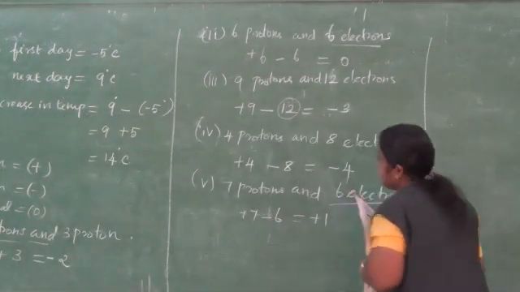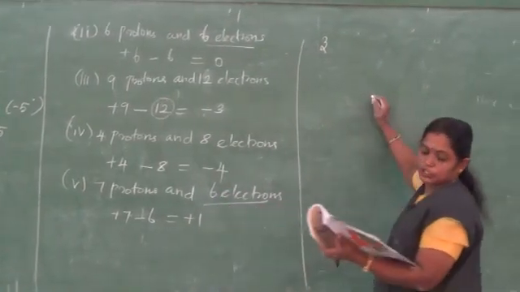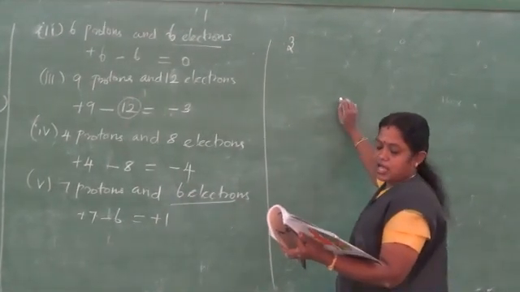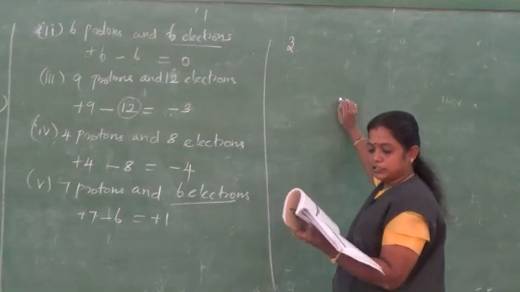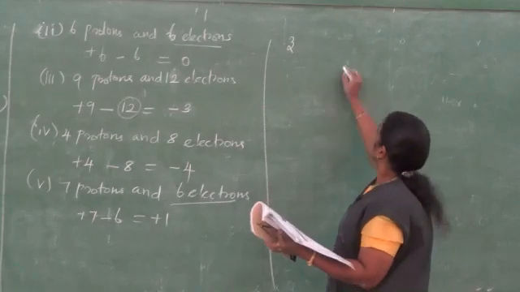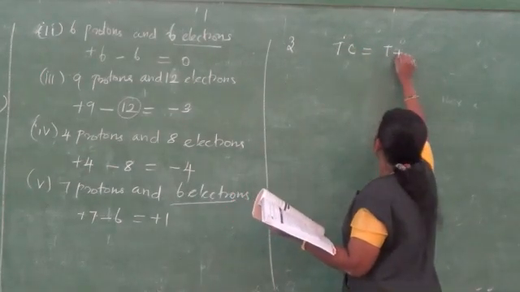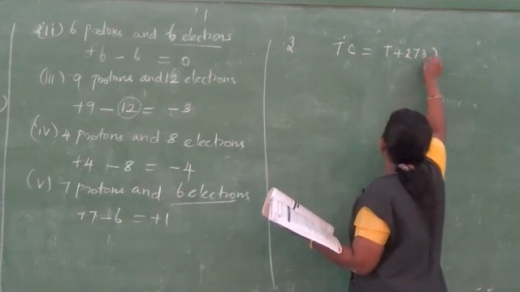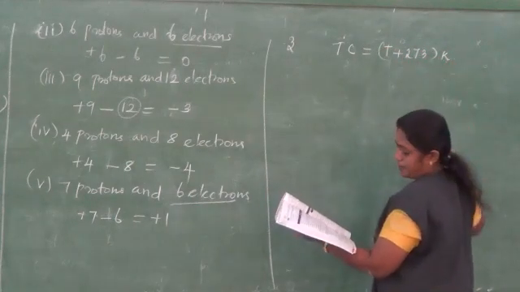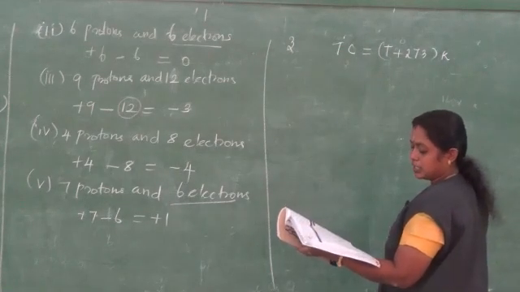Now come to the third problem. Scientists use the Kelvin scale as an alternative temperature scale to degrees Celsius by the relation T degree Celsius equal to T plus 273 in K, and we have to convert given Celsius to Kelvin.